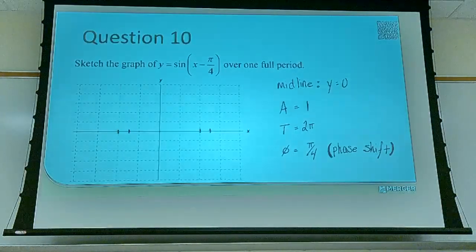So I'm going to do a lot of stuff in green as well, and then I'll erase it. Sine is 0 at every multiple of pi. That would have been there, there, and there, right? But we have a phase shift. So it's there, there, and there now.